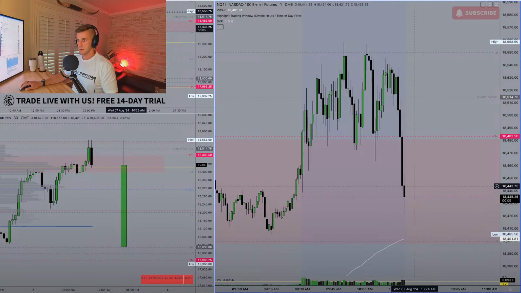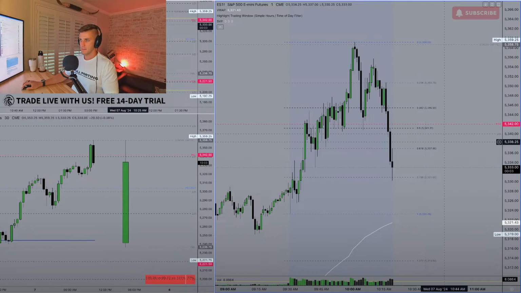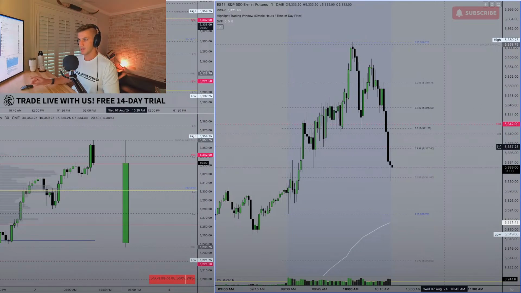Get rid of that fib. ES not quite into lows yet.